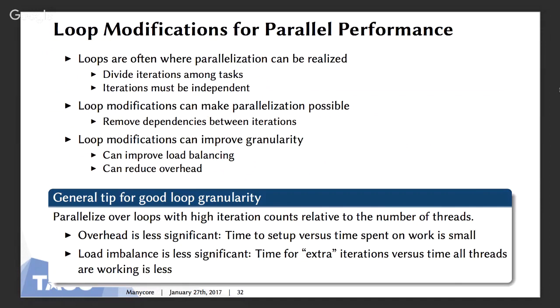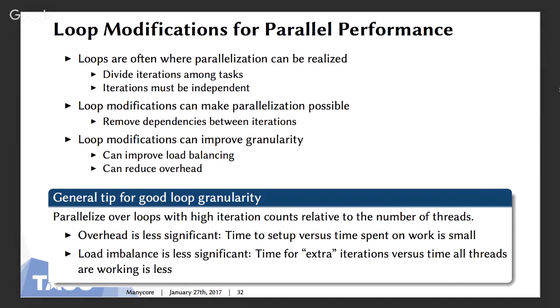So just a general good rule of thumb for good loop granularity is you want to parallelize over loops that have a lot of iterations compared to the number of threads that you have. Basically, the idea is the overhead is going to be less significant because there are a lot of iterations.